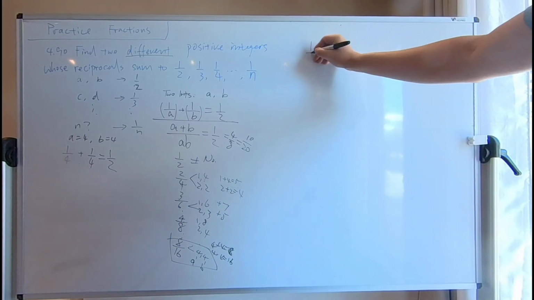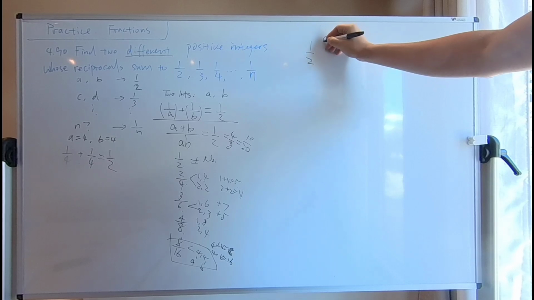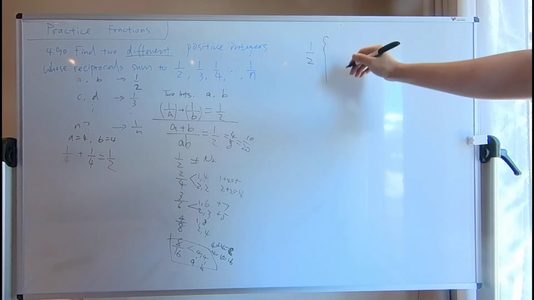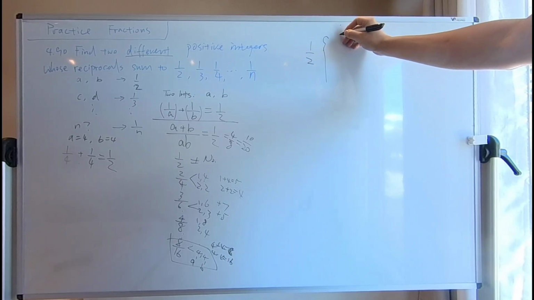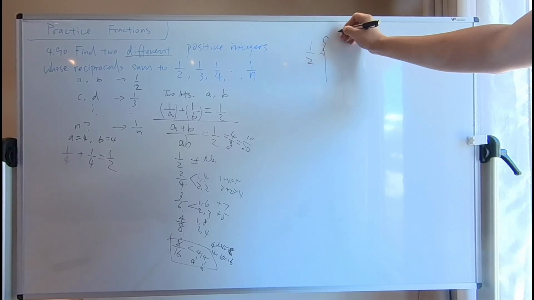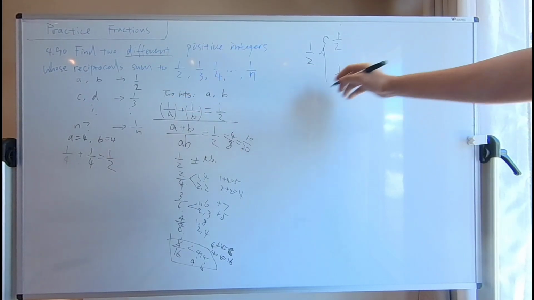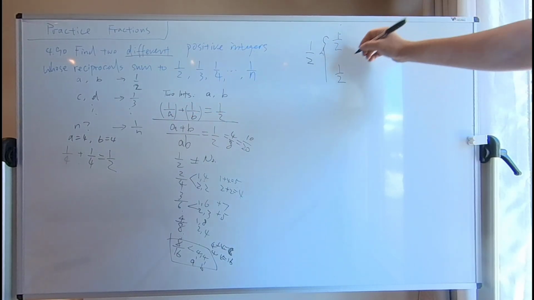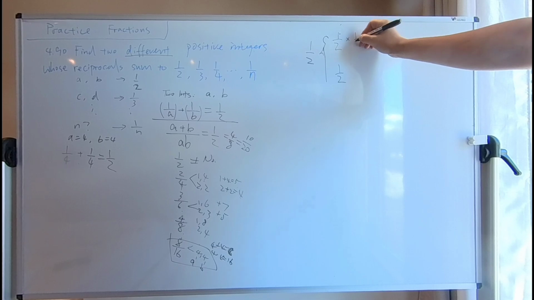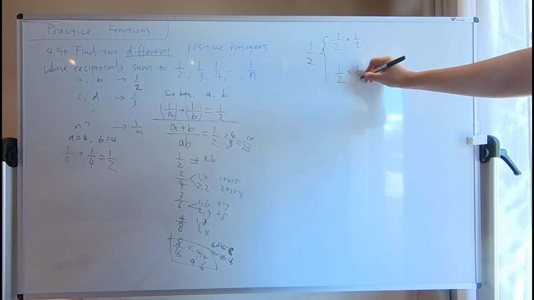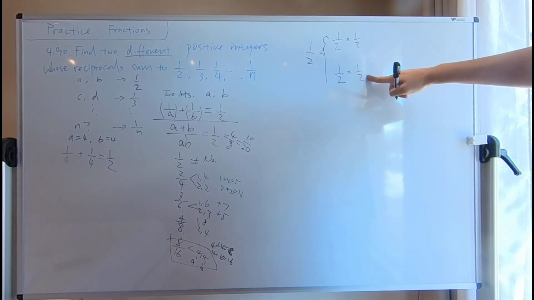So that means 1 over 2 can be split as different portions. Let me just rewrite that in another way. If I split evenly, I need to multiply by 50% here and 50% here.